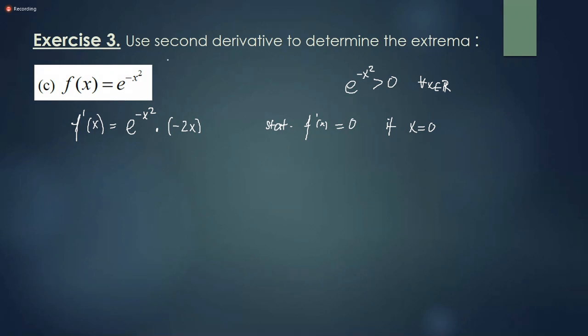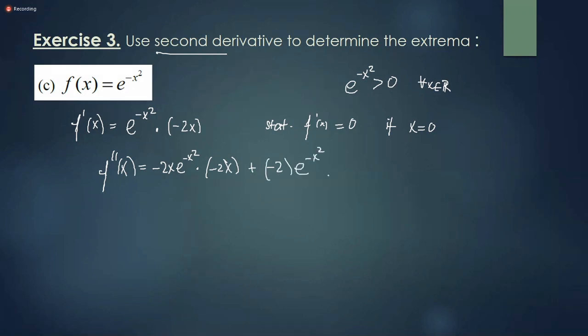So what we do with the second derivative is we differentiate this function again. Now we have a product rule, derivative of e to power minus x squared is still the same, e to power minus x squared times minus 2x, without derivative, plus minus 2 is the derivative of minus 2x, and e to power minus x squared doesn't change.